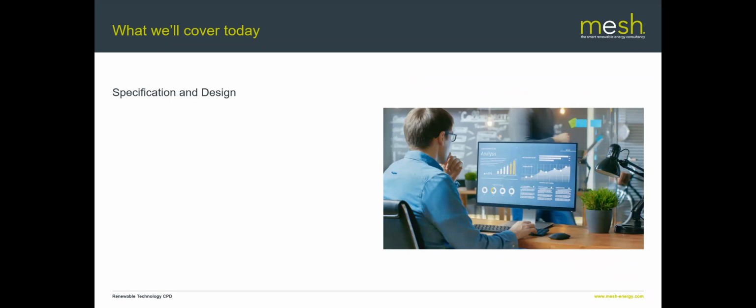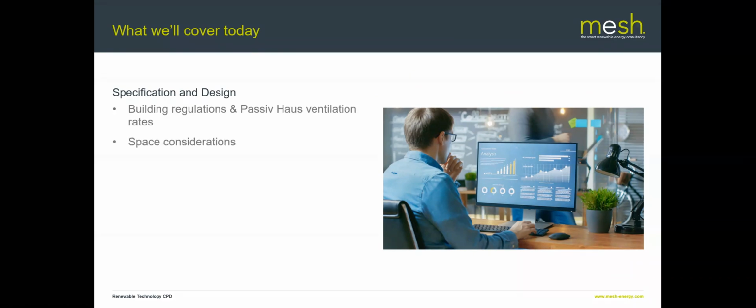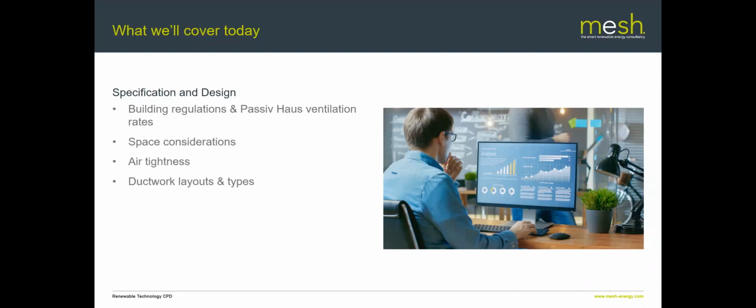And then we're going to go on to the main part of the presentation, which will look in more detail at some of the specification and design issues around MVHR. That's the building regulations and Passive House ventilation rates, some space considerations, air tightness, ductwork layouts and types. That's quite important because as most of you are architects, that will be the bit that affects you the most in terms of allowing space.